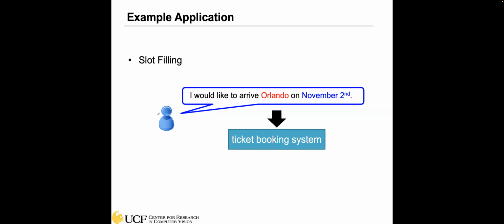You input this sentence: I would like to arrive in Orlando on November 2nd. This intelligent system is supposed to extract some information. The two most important pieces of information, or slots, here are the destination and the time of arrival.